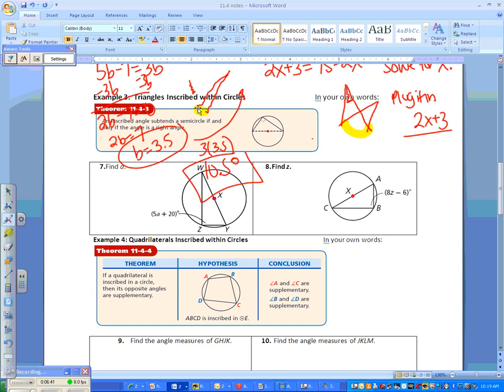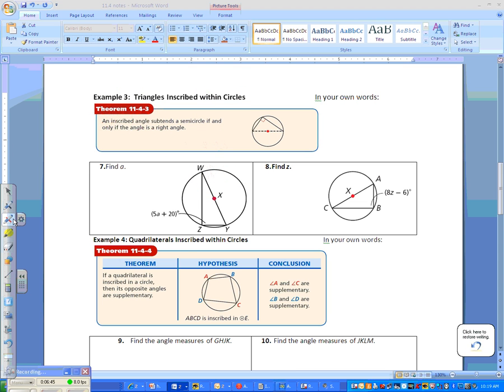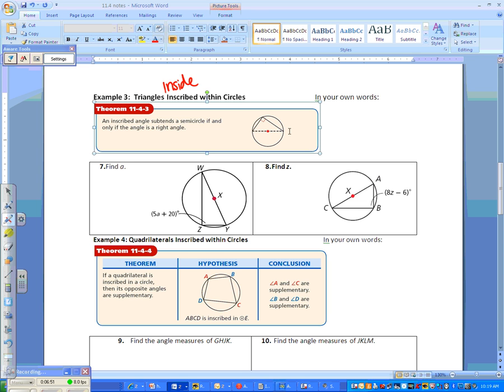Okay, example number 3. Triangles inscribed within a circle. What that means is, inscribed means inside, basically. So whenever you have a triangle inside a circle, and notice that this is a diameter, that means that this angle will always be a right angle, or that this will be the hypotenuse of the circle.